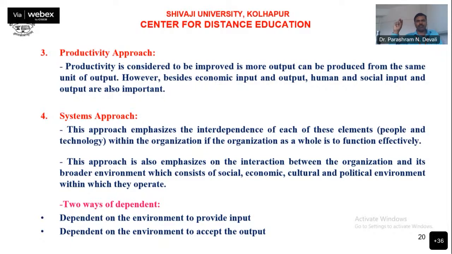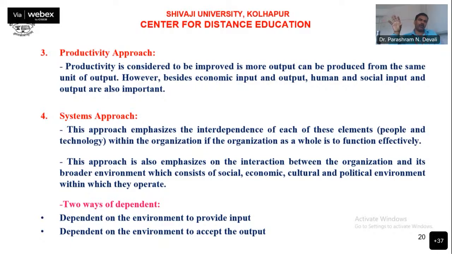Within the organization, if the organization as a whole is to function effectively, this approach also emphasizes interaction between the organization and its broader environment, which consists of social, economical, cultural, political environment within which they operate. Hence, several external factors affect the organization.